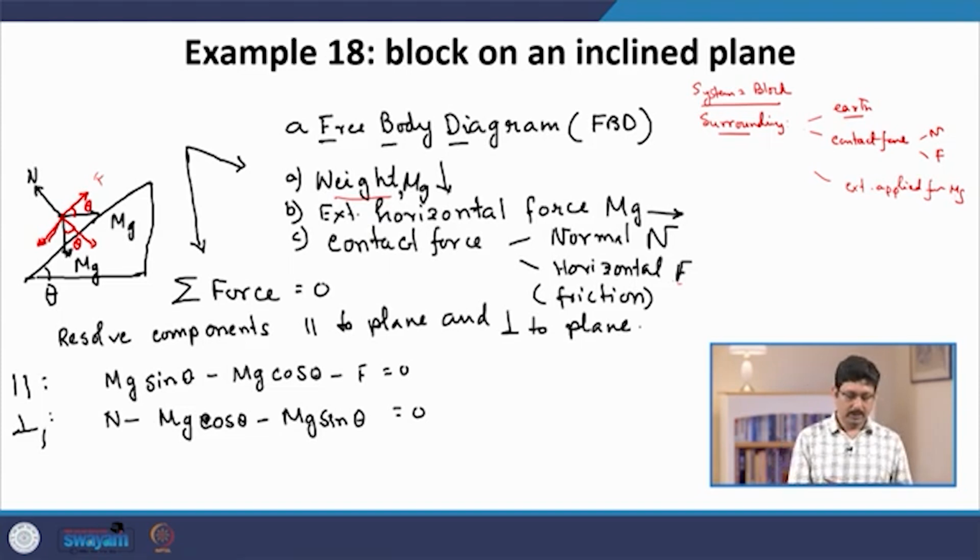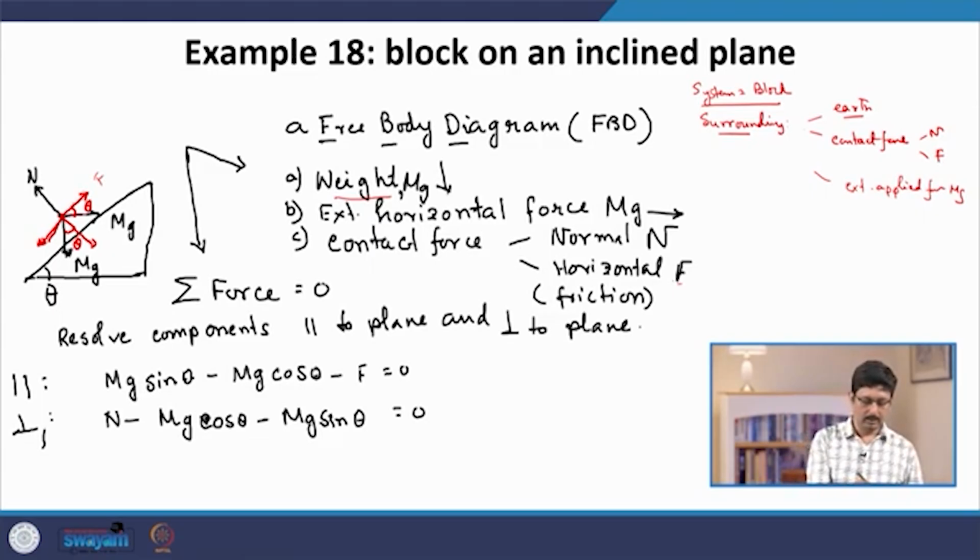If we draw the forces, with their magnitudes and lines of action, imagine this is the center of mass of the block. This is the weight acting downwards. The contact force has two components, the normal component in the normal direction and the friction component parallel to the plane.